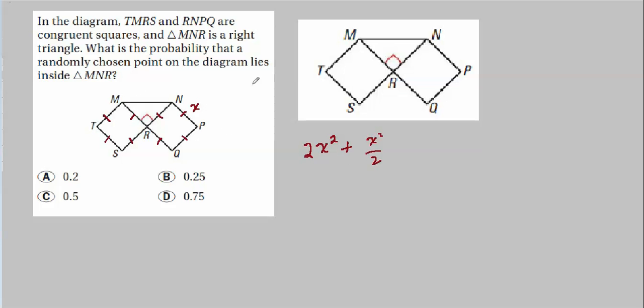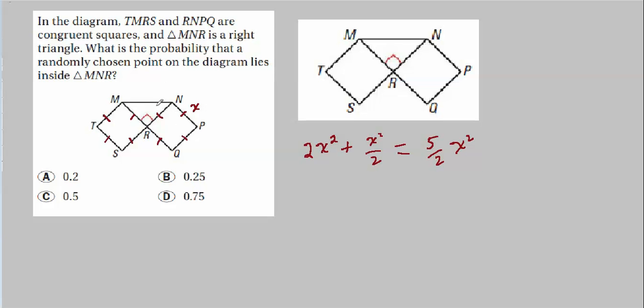Well, let's put these all together first. 2x squared plus 1/2 x squared is going to be 5 over 2 times x squared, or 2.5 times x squared. That's the total area here. What we want to know is the probability that we took it out of this one, which, as we know, is exactly the same as the ratio of this area to the entire area.